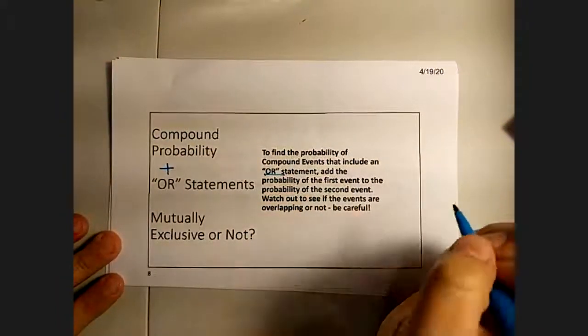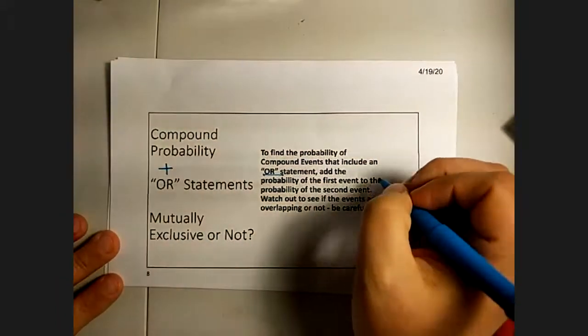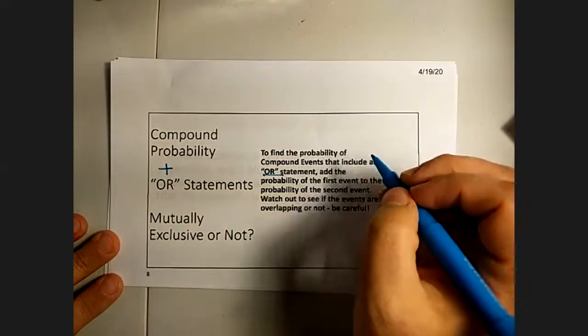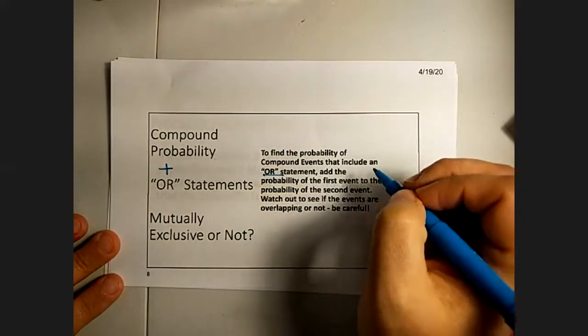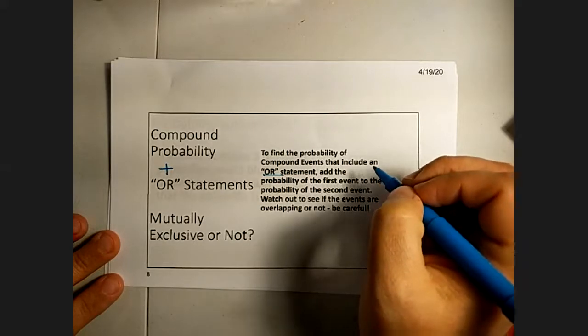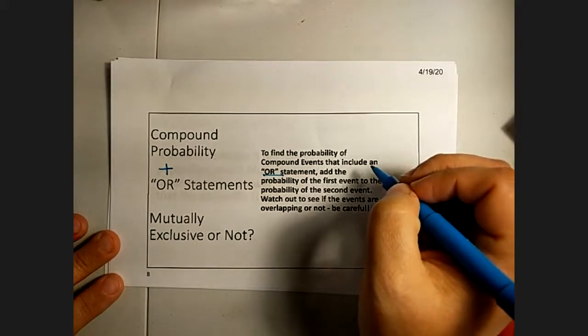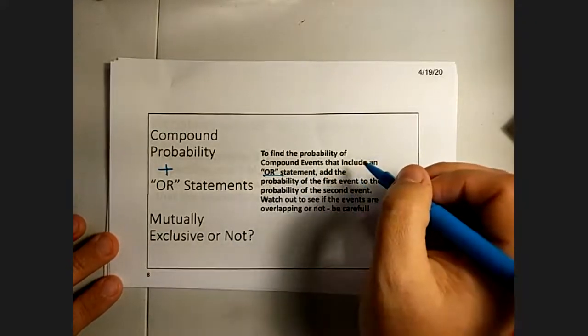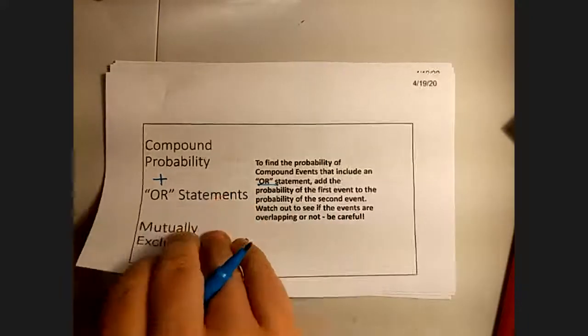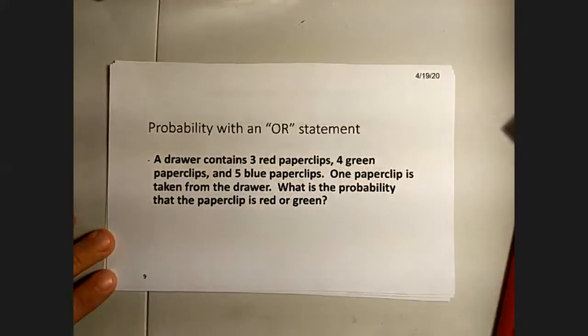The trick is looking at whether the events are connected to each other in any way, or in other words, whether there is any overlap between the outcomes in the first event and the outcomes in the second event. We'll go through some examples like that in just a minute.